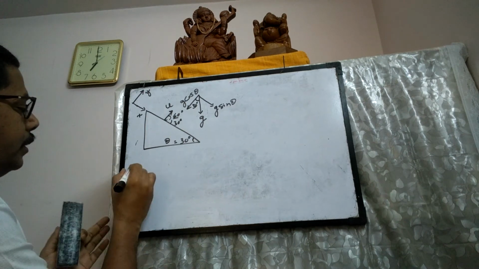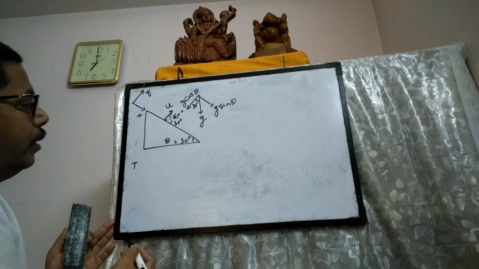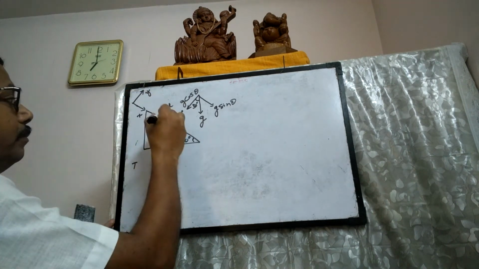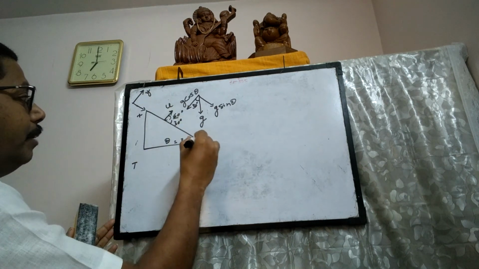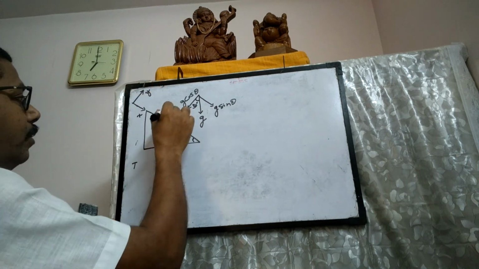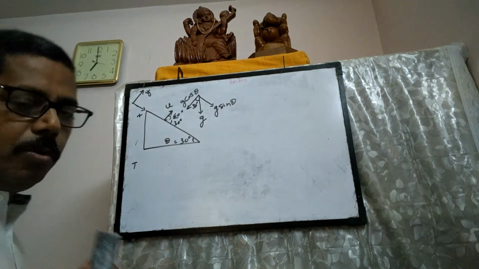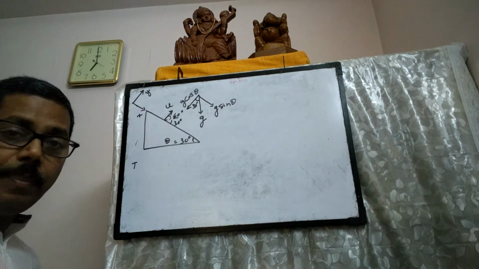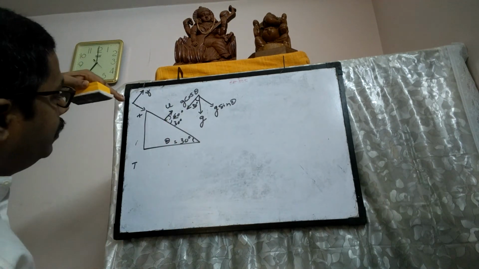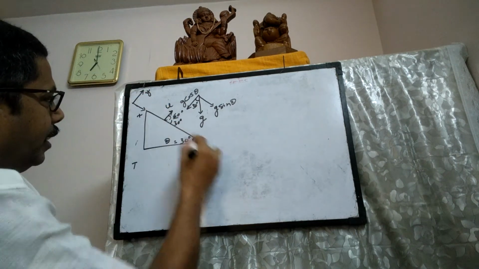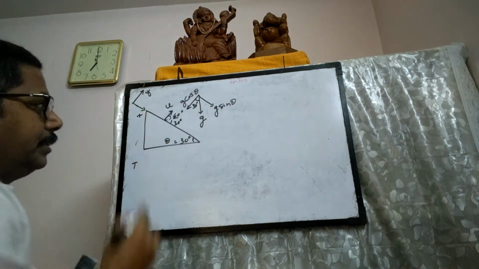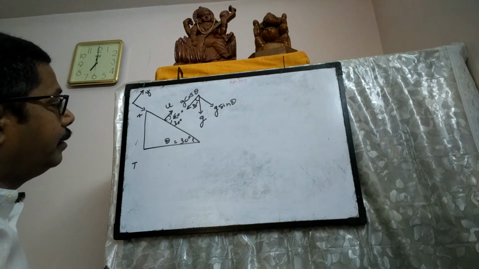How to write the time of flight? If you observe, the body is projected perpendicular to the inclined plane, means the velocity u is parallel to the chosen y-axis. That means from this side, if you observe, it is vertical projection if this is the y-axis, isn't it?